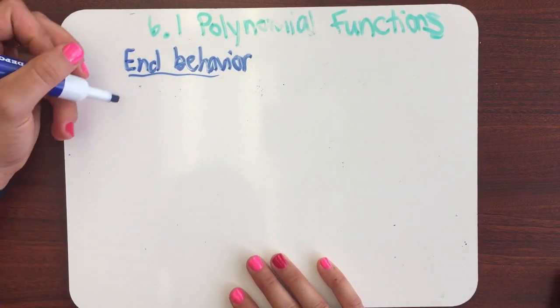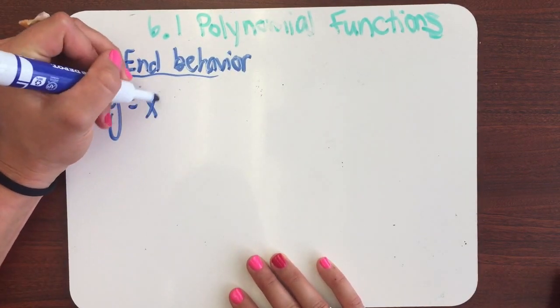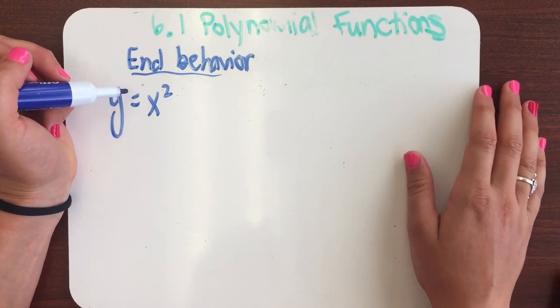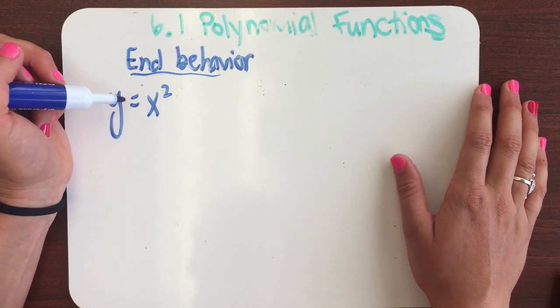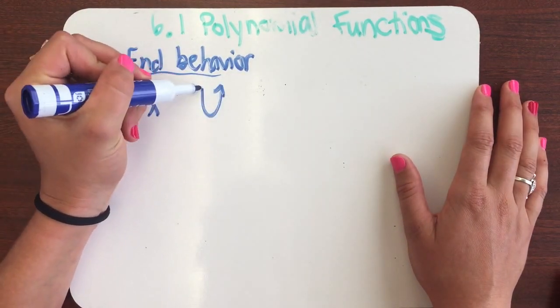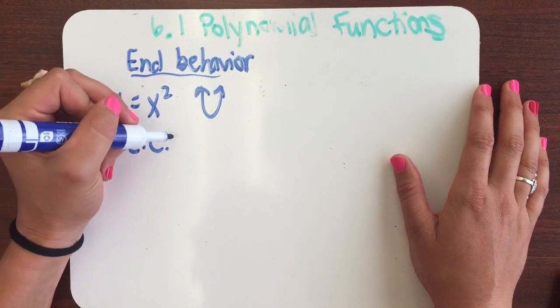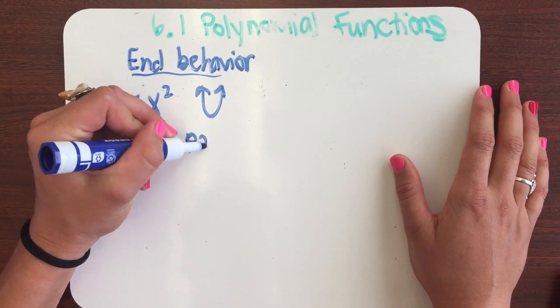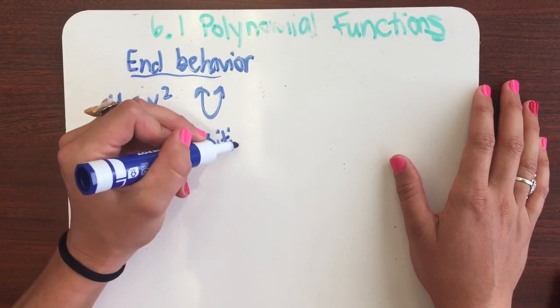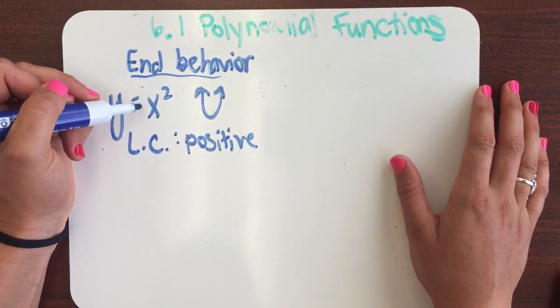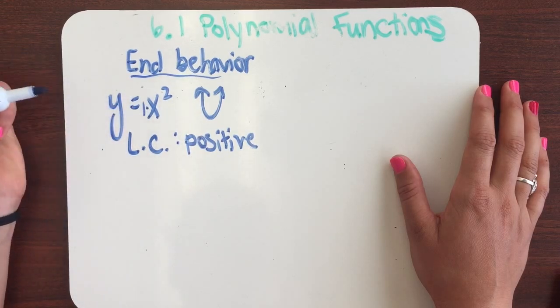So for example, if I have y equals x squared, we already know that this is going to be a parabola shape facing up. So again, you look at the leading coefficient and you say if it's positive or negative. This one is positive because the number in front of x squared is a 1.